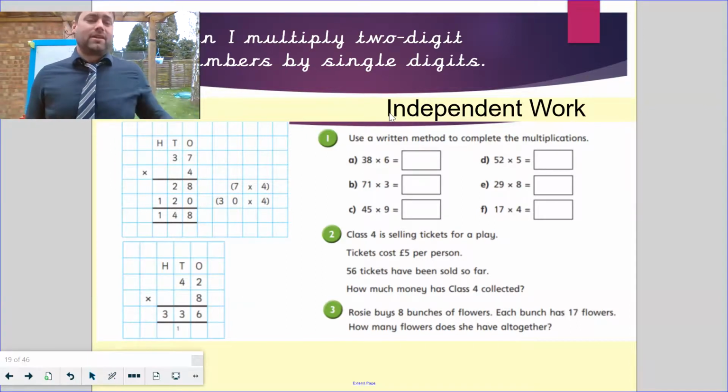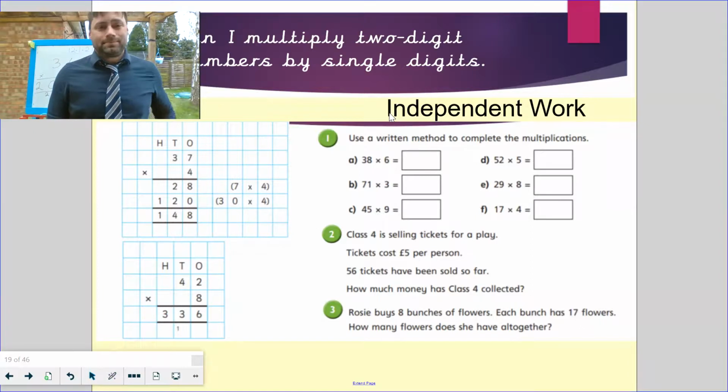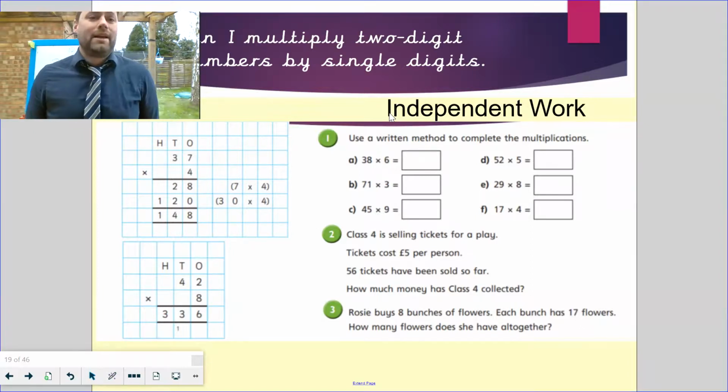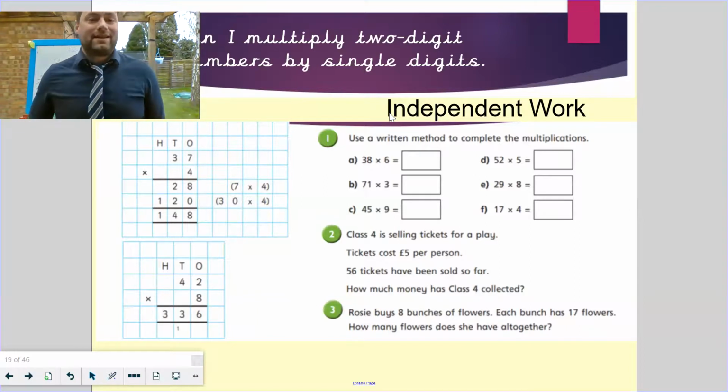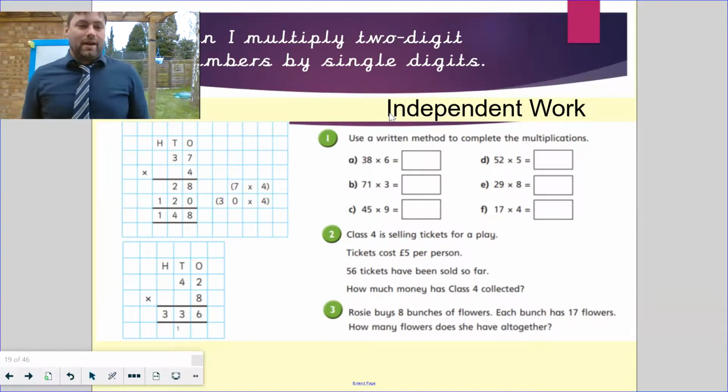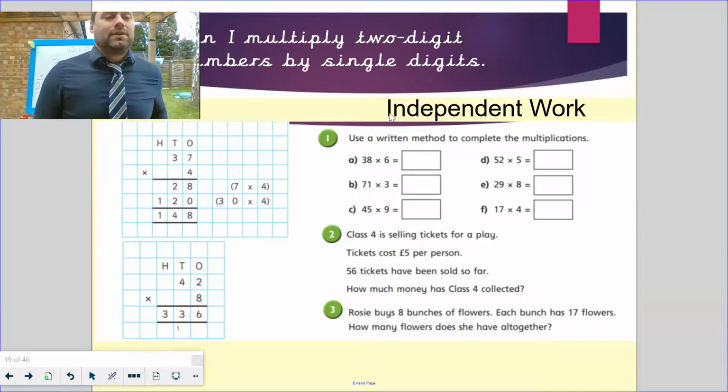And on the left-hand side of the screen here, you can see the way to work out the problems and how it should be set out. Okay, the top one is what we were doing the other day. The bottom one is what we've been doing today. So pause the video and good luck with your answers.